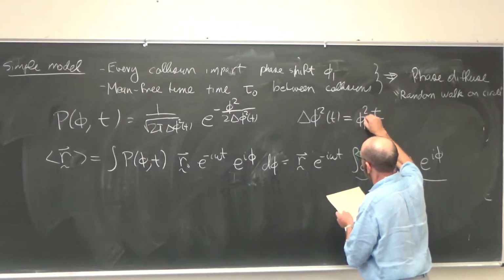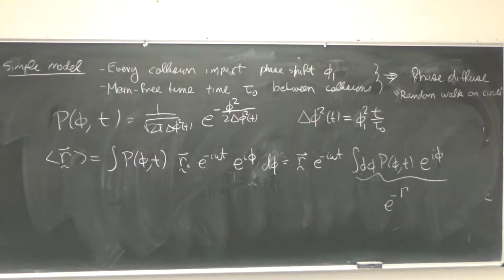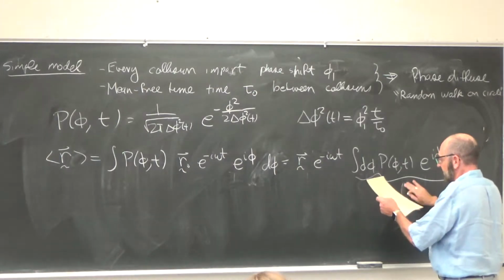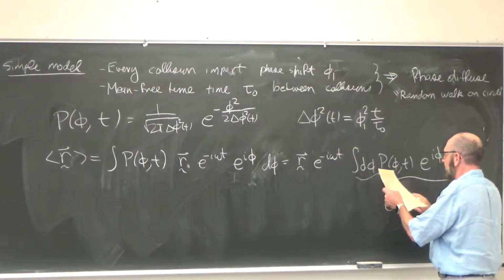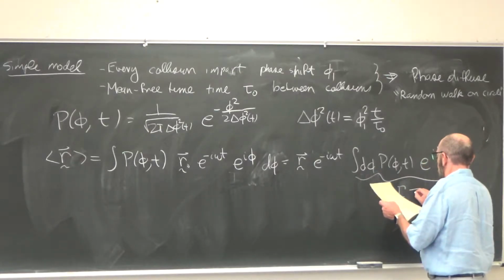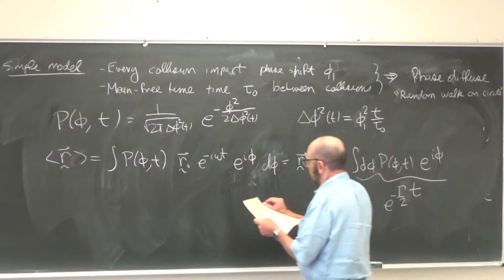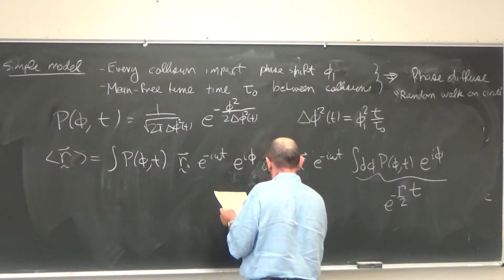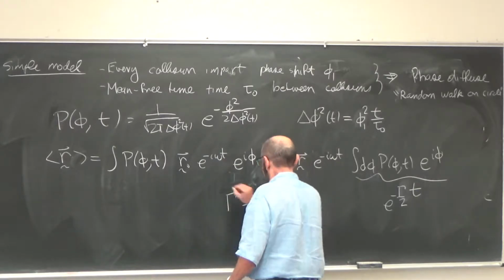So this should be phi1 squared, right? The spread depends on the size of the walk. Gamma is equal to a combination of these. So this is going to be equal to e to the minus gamma over 2 t, where gamma is equal to the phase step squared over tau naught.